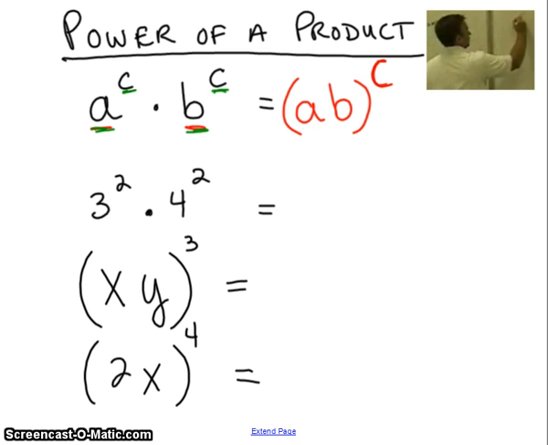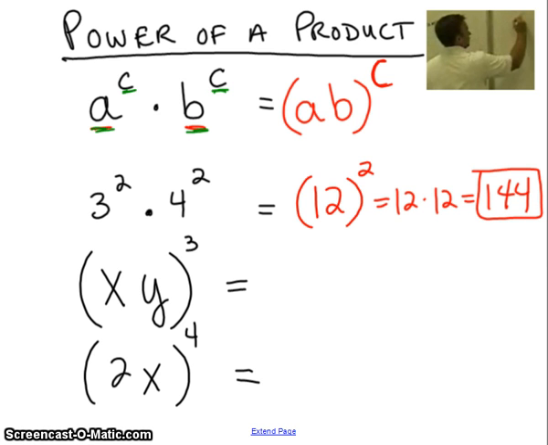All right, 3 squared and 4 squared. So it's 3 times 4, which is 12, raised to the second power. And 12 squared is 12 times 12, which is 144.